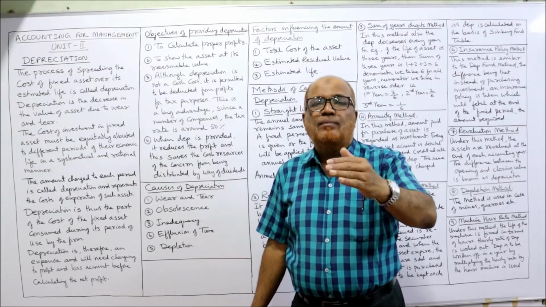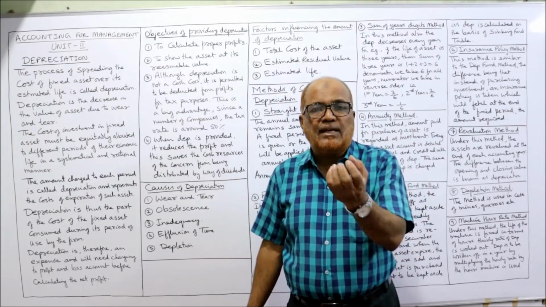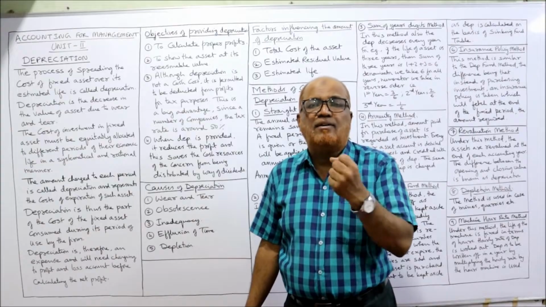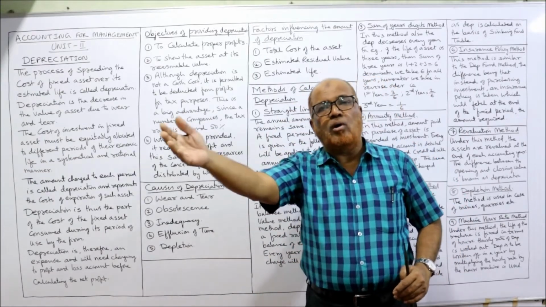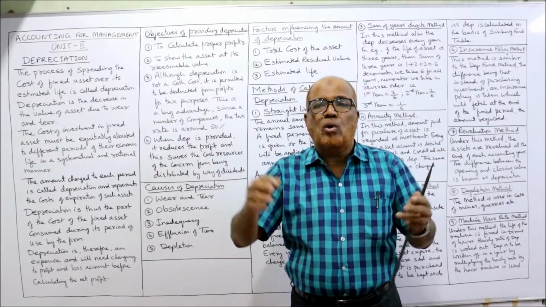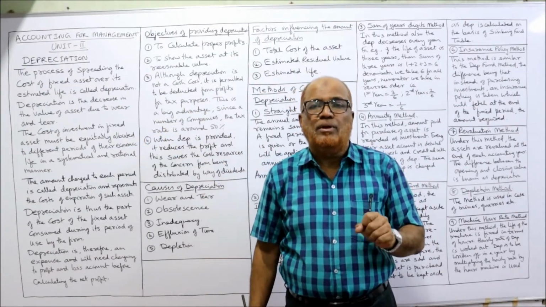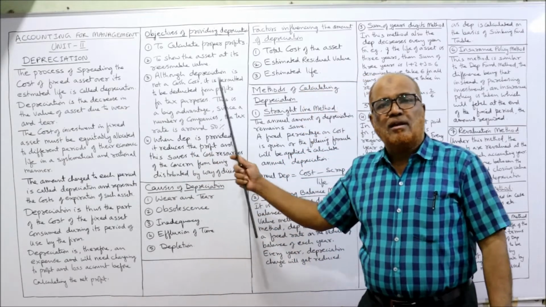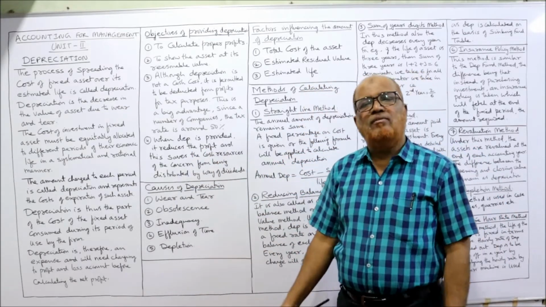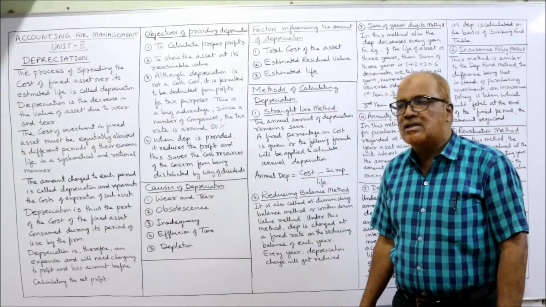When profit is less, the dividend payment will be less so that the cash resources can be saved. Otherwise, if profit is more, the company will pay more dividend, cash resources will go away, and a working capital problem, cash shortage problem will arise in the business. So these are the reasons, objectives, why we have to provide depreciation.